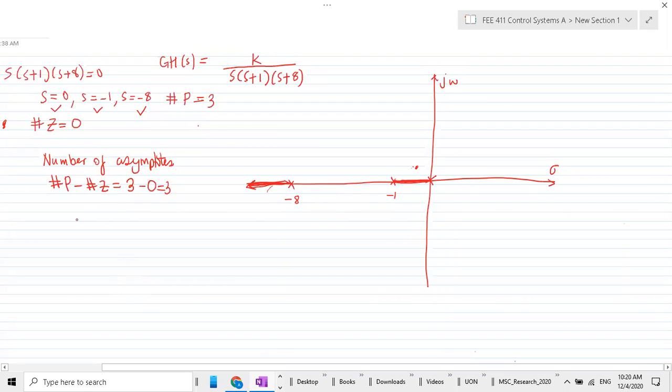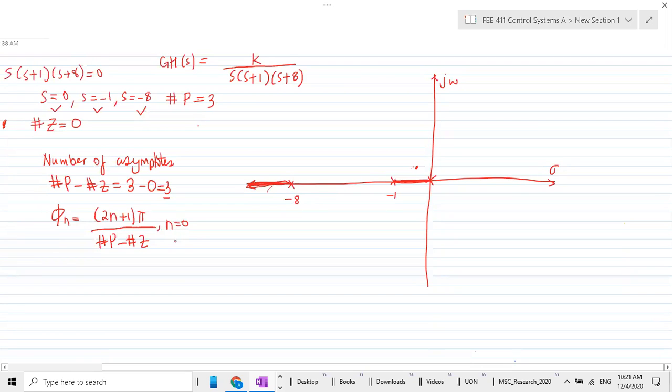And then for me to calculate the direction where these asymptotes break through from the real axis, I need to calculate using this formula: (2n plus 1) pi over number of poles minus number of zeros. We have 3 asymptotes, right? So for me to use this formula, my n always starts from 0.